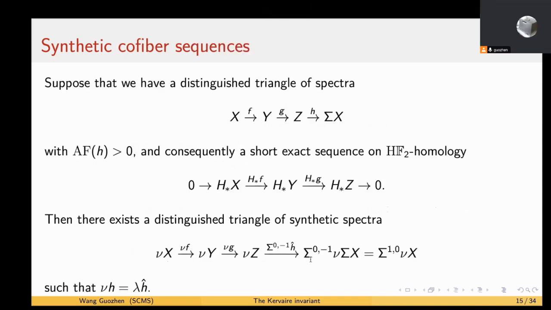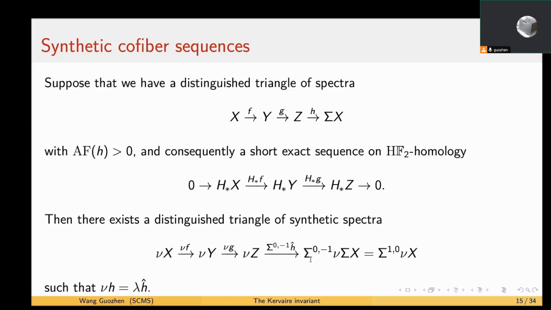Now, suppose we have a distinguished triangle of spectra from X to Y to Z to the suspension of X. In general, if we apply the functor nu, we do not get a distinguished triangle of synthetic spectra because nu in general does not preserve cofiber sequences.